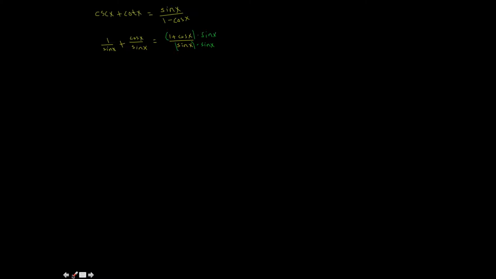So at this point, what I have on top is sine x times 1 plus cosine x, and on the bottom, I have sine squared x. Now notice, I've got my sine x on top like I want, so I've got to figure out some way to cancel out the 1 plus cosine x.